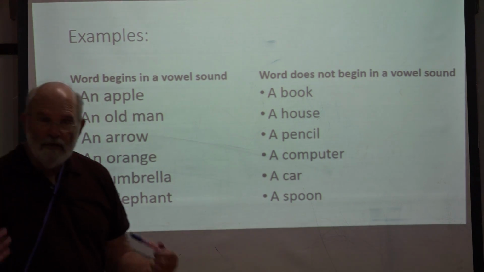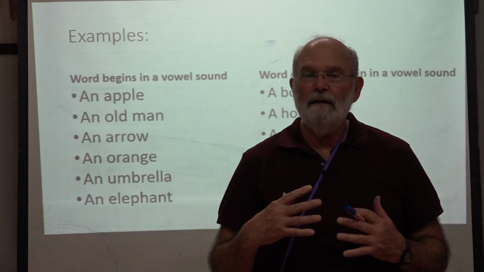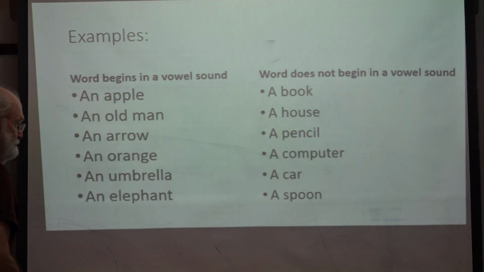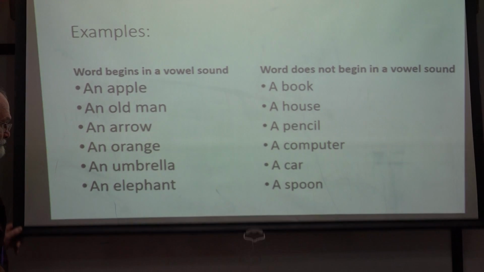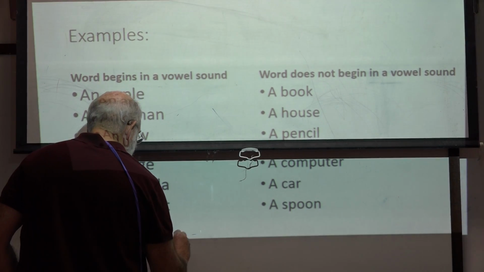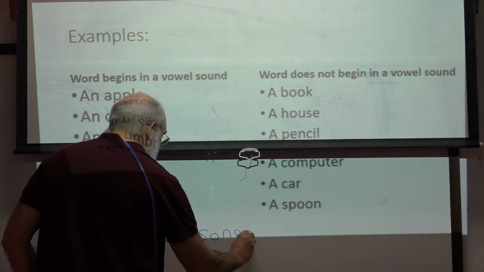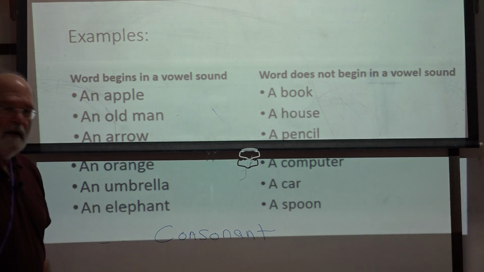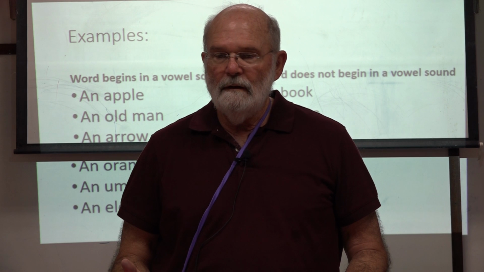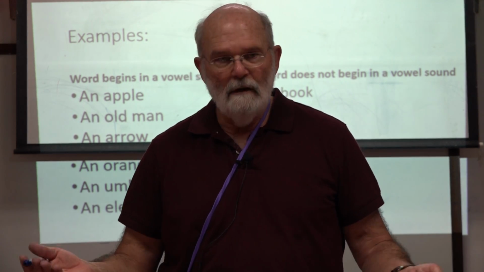If the word does not begin with a vowel sound, we call that any sound that is not a vowel sound, we call that a consonant. A sound that is any other sound than a vowel sound is called a consonant.